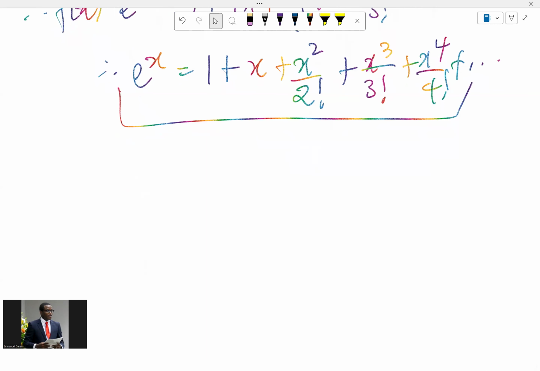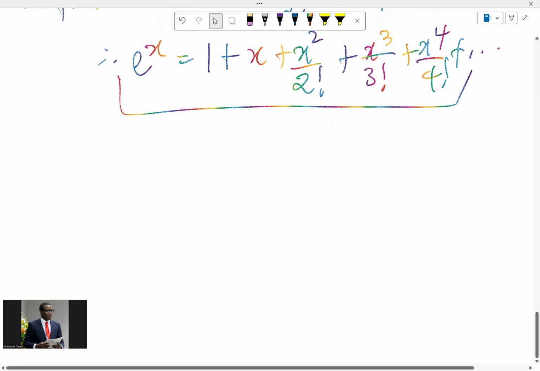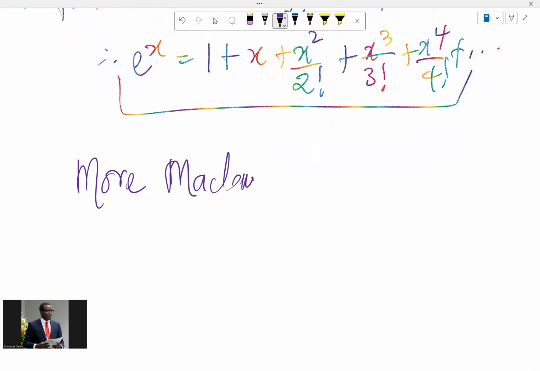For instance, let's do sine x, cos x, and log of 1 plus x. I'll do Taylor and Maclaurin for sine x. Then I'll do only Maclaurin for cos x and log of 1 plus x, because Maclaurin is simpler. Let's do it that way.